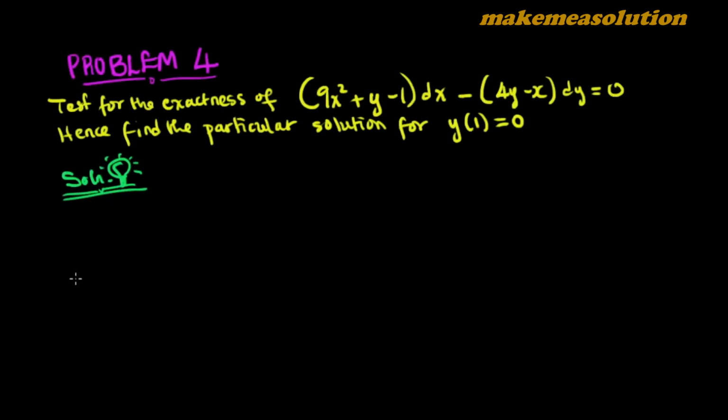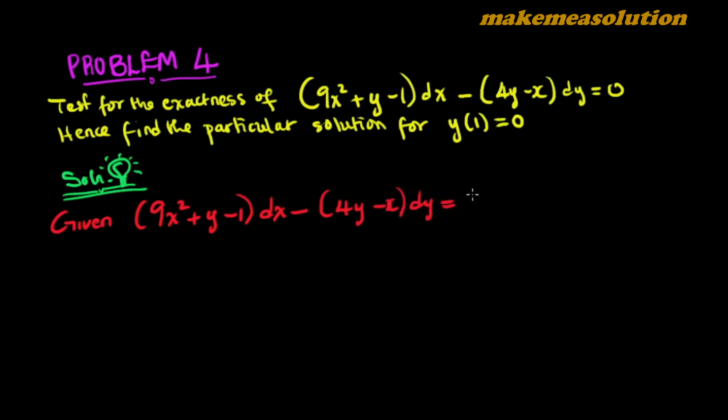Okay guys, here we are at problem 4, and in problem 4 we are given the differential equation to test its exactness and hence to find its particular solution for a given initial condition y of 1 equal to 0. So first of all, we are given 9x squared plus y minus 1 dx minus 4y minus x dy is equal to 0.